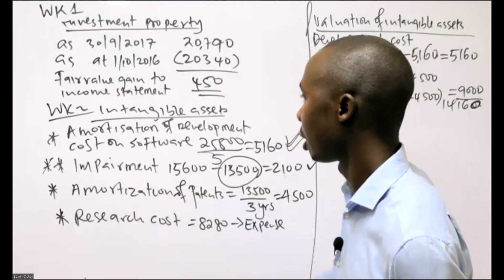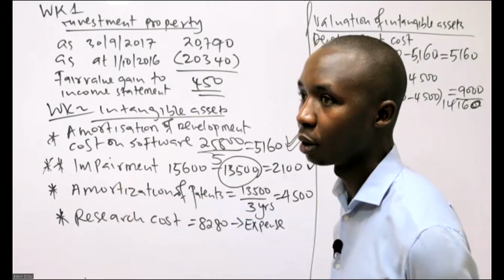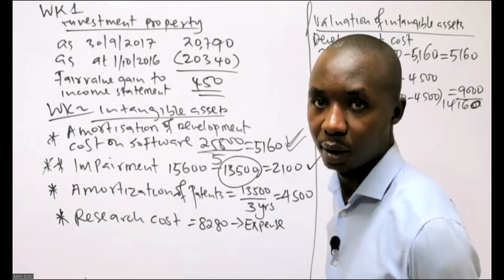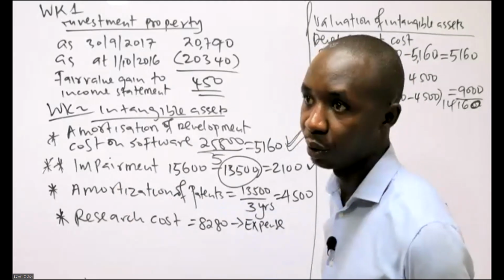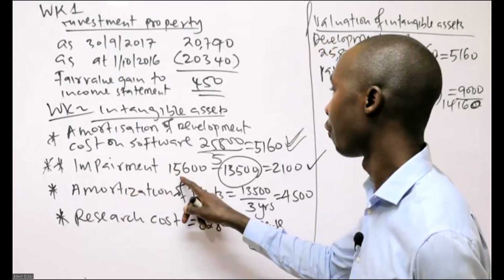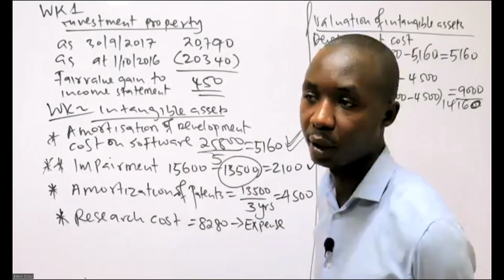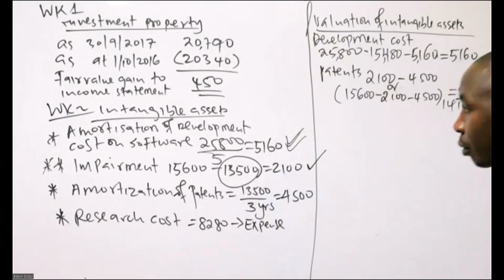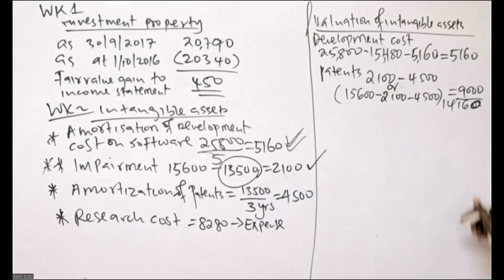But the better name is impairment, because in terms of evaluation that relevant patent reduced in value. So there's the difference between the figures of 15,600 and 13,500 once they did the evaluation of that patent. So 14,160, that one is okay, the one I've recorded there.